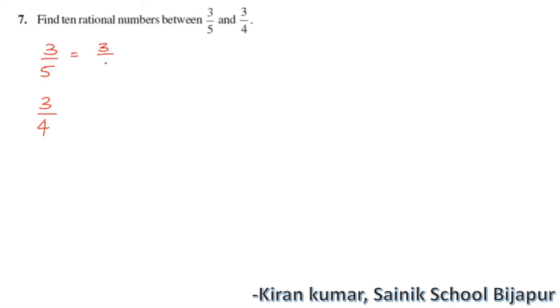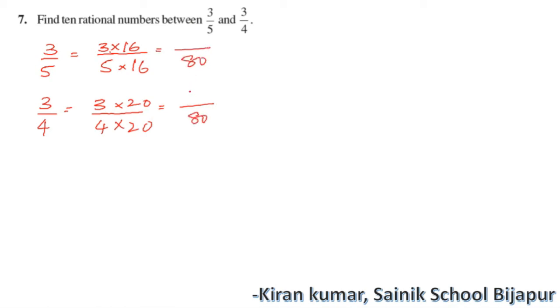For that, let me multiply both the numerator and denominator of these two rationals with some number. Say if I multiply this with 16 and the second one with 20, I'll be getting 80 in the denominator, and the numerators are 48 and 60 respectively.